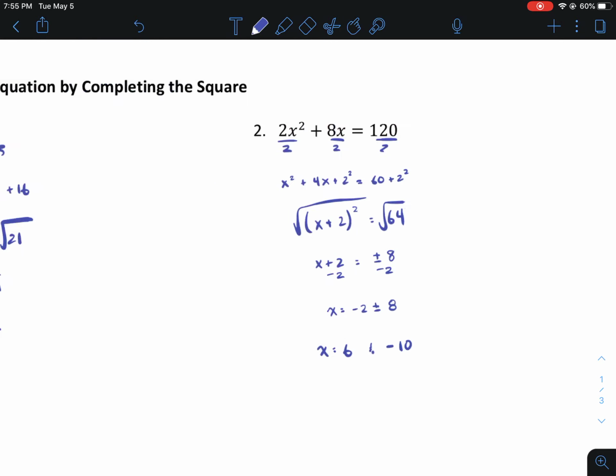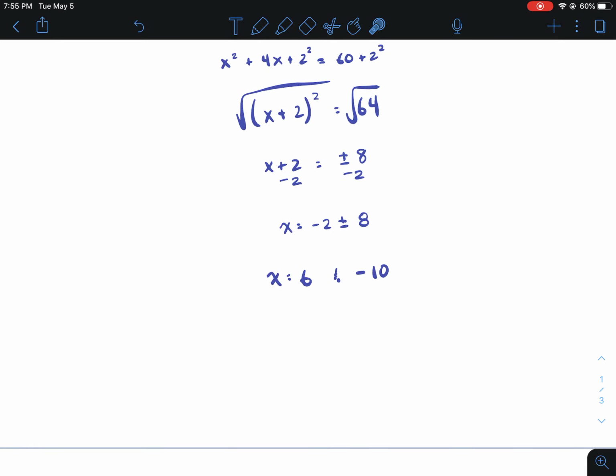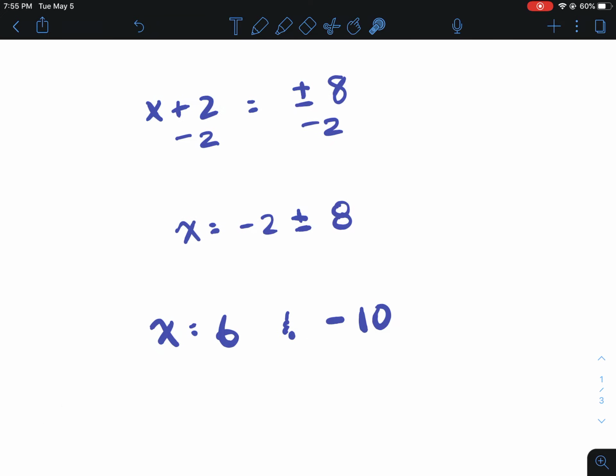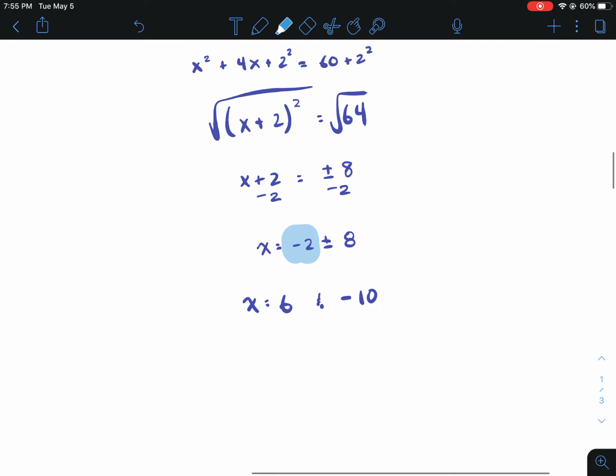Now, I wish we were in class to talk about this, but if we look at this form of our solution, negative 2 plus or minus 8, it not only gives us our solutions or x-intercepts, but it also tells us something right here, right? That negative 2.